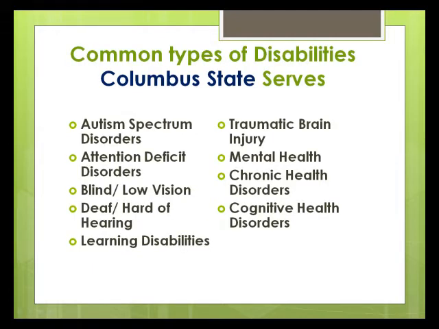Common types of disabilities Columbus State serves: autism spectrum disorders, attention deficit disorders, blind/low vision, deaf/hard of hearing, learning disabilities, traumatic brain injury, mental health, chronic health disorders, cognitive health disorders.